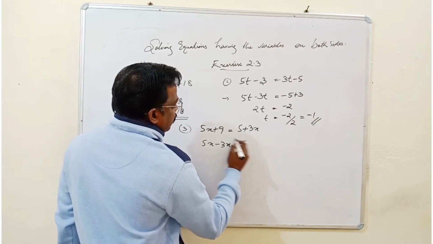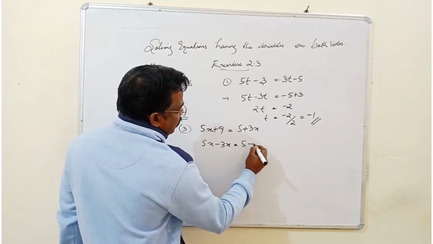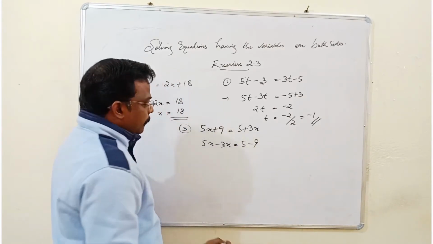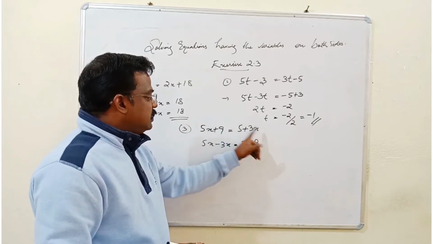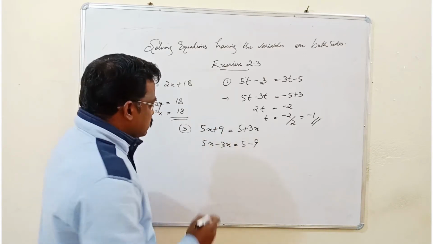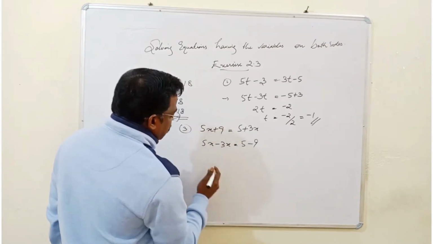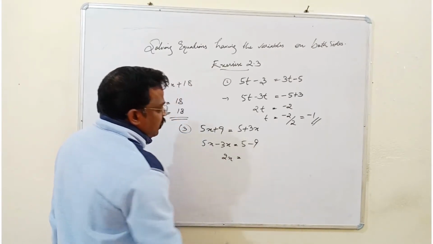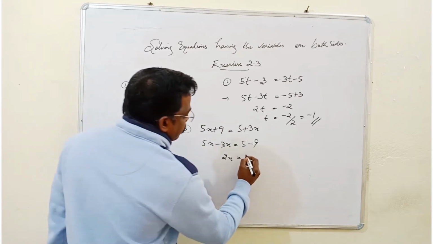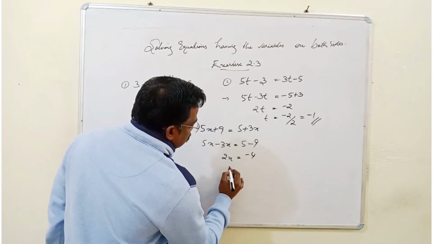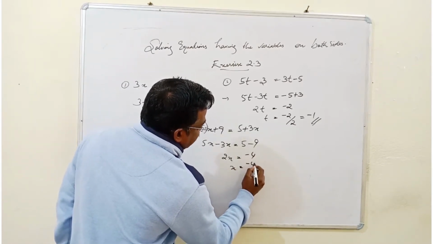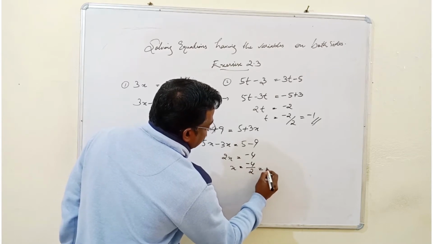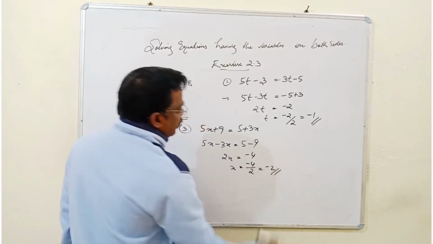Here 5, and this plus 9 will go to this side as minus 9. Okay, when it moves to this side it will become minus. So 5x minus 3x is 2x equals 5 minus 9, which is minus 4. So x equals minus 4 by 2, that equals minus 2.